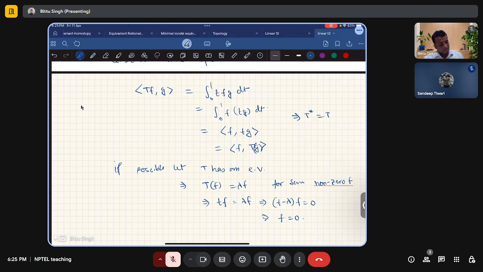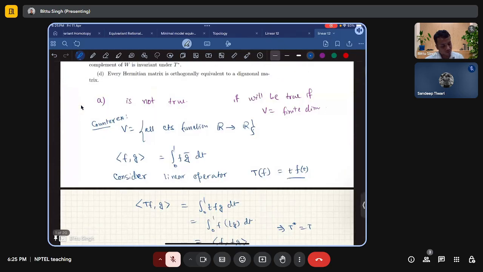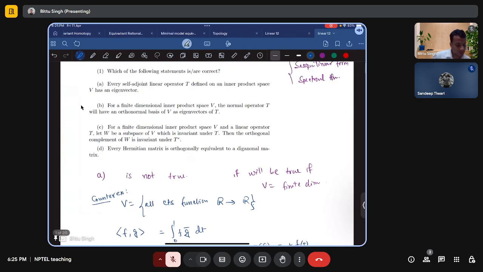So we get a contradiction. Therefore, though it is self-adjoint, it has no eigenvalue. Hence, it has no eigenvector.